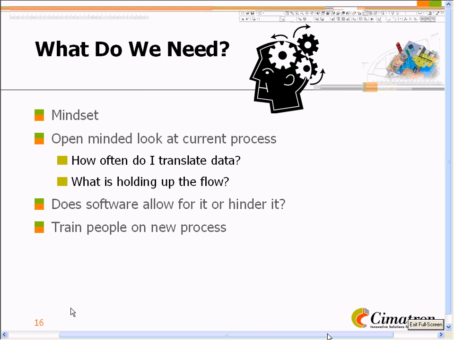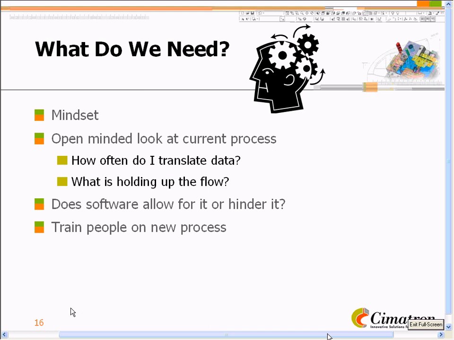What do we need if we're going to bring in this concurrent engineering? Well, it requires the right mindset. It means looking at things differently. That may mean we have to take an open-minded look at our current process, or our particular part of it that we're responsible for. How often do we translate the data is the first thing we may look at.